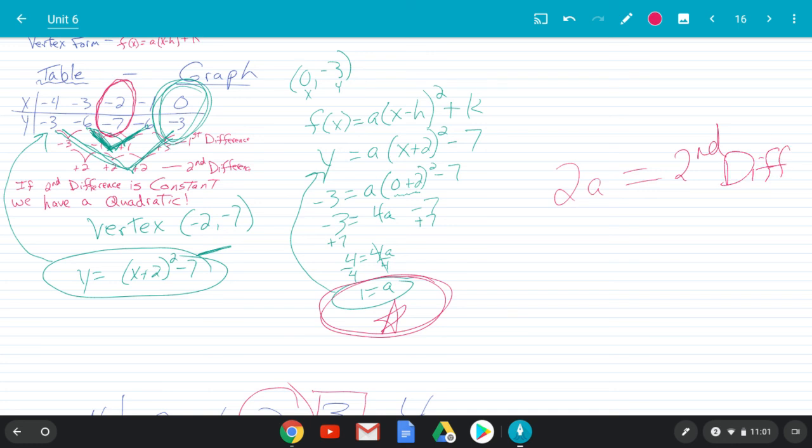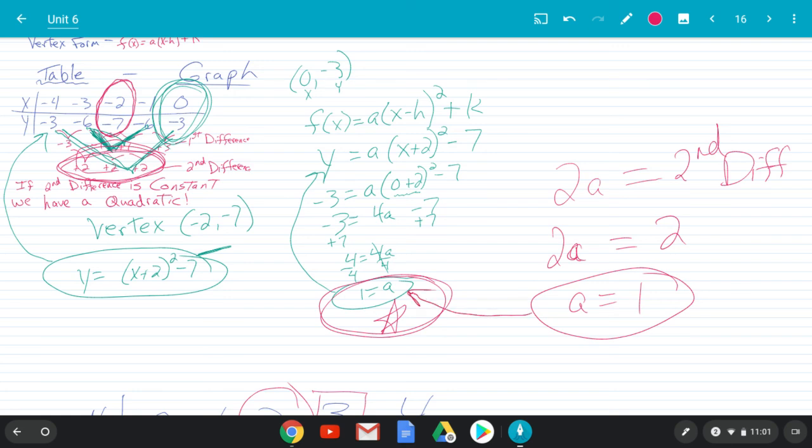Remember back when we found our second difference? What was our second difference in this first question? See it right there? What is it? Plus 2. So 2. Watch this. How do I solve for a now? Divide by 2, right? So a equals 1. What was my a?